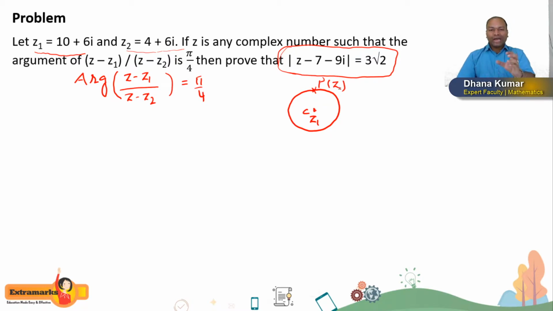Now according to circles concept, the distance from the center to any point on the circle is called the radius. So CP length is equal to what? Radius.